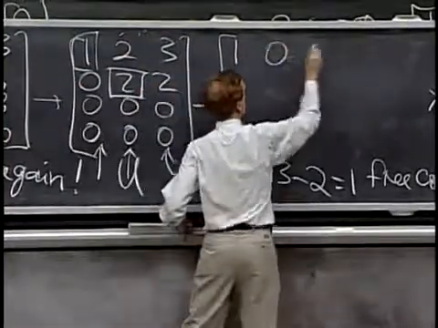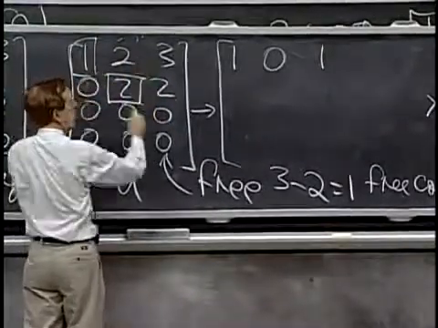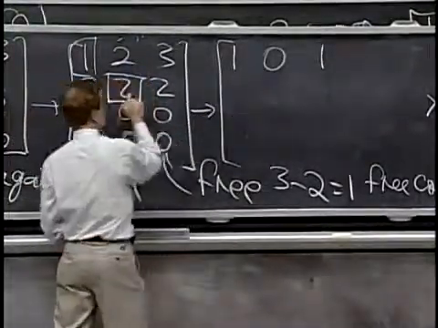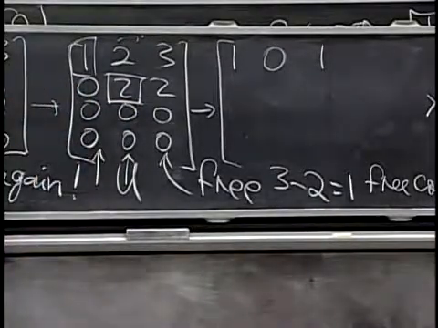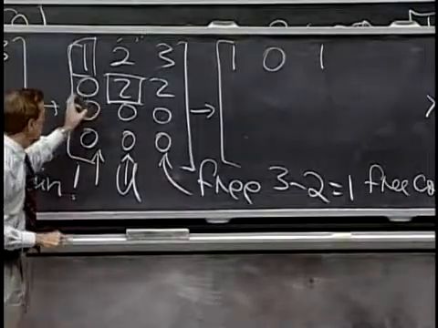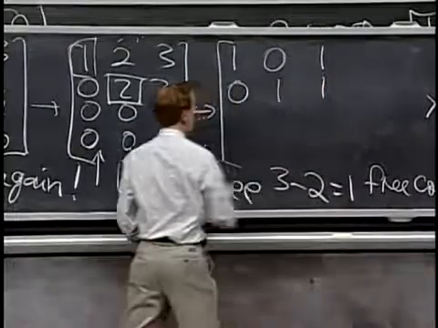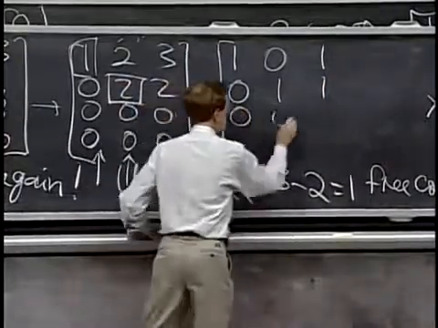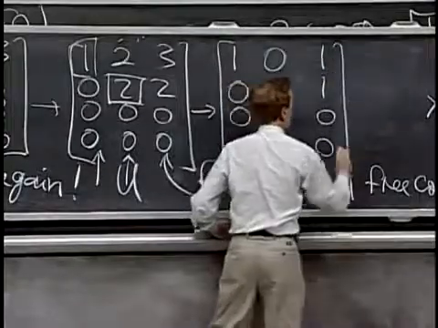That's 1, 0, 1 left, right? When I subtracted this row from this, it produced a 0 above this pivot. And now I want that pivot to be a 1. So for the R matrix, I'll divide this equation by 2. And, of course, these zeros are great. They don't change. That's R.